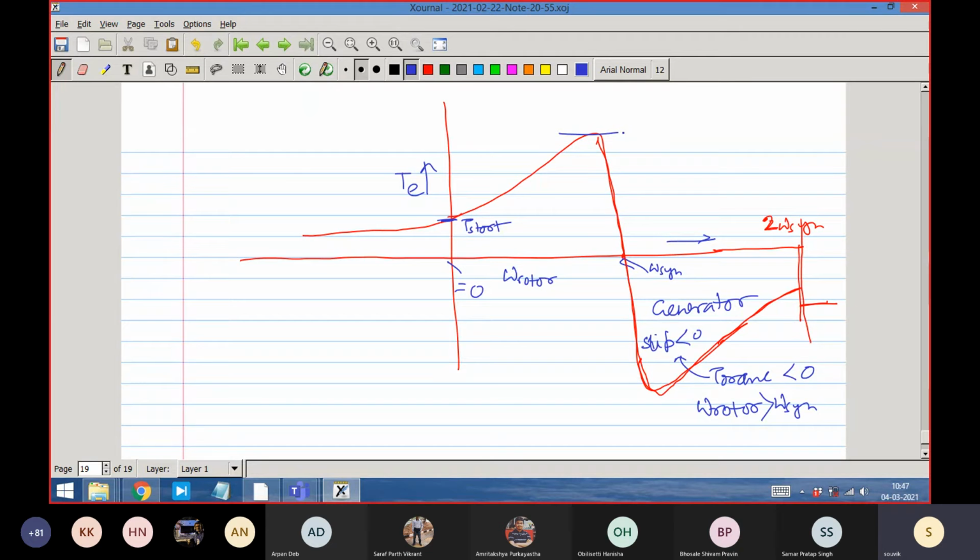This is called break, sometimes some names are breakout torque or maximum torque. Let me call it peak maximum torque. Sometimes they call it pull out torque, etc. Pull out torque means it will pull out. It cannot go beyond that. So that kind of thing.